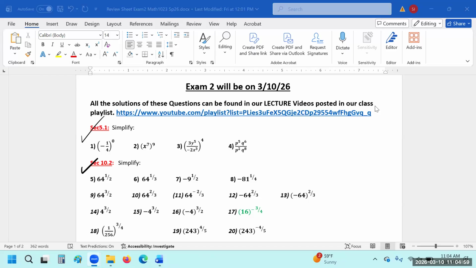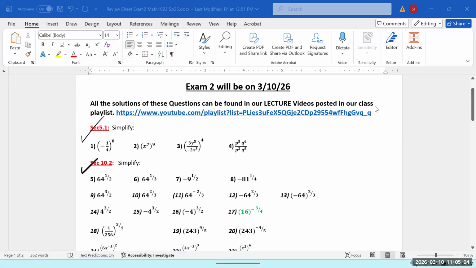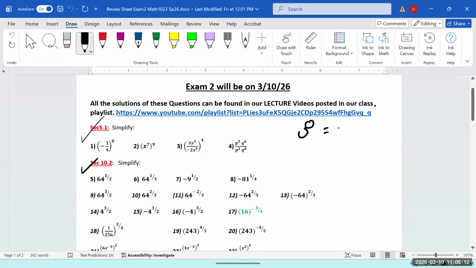What is anything to the power 0? 1. Anything that is not 0 to the power 0 is 1. Do you remember what is 0 to the power 0? Good, undefined, doesn't exist.